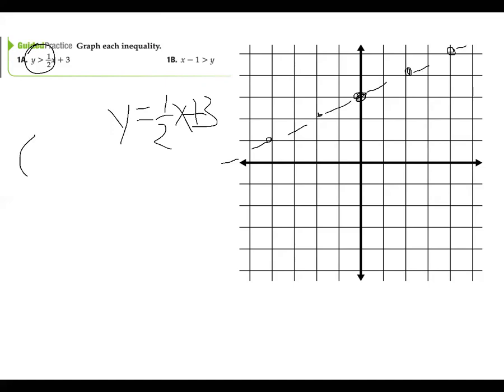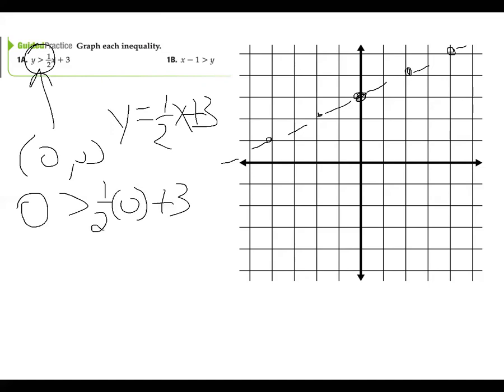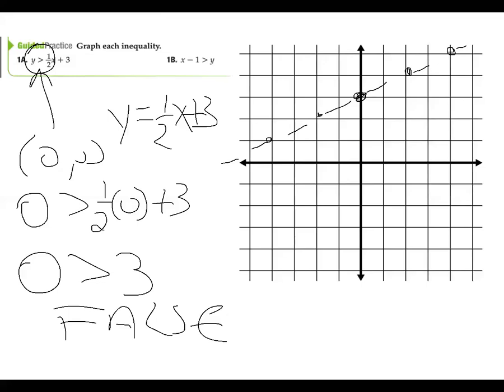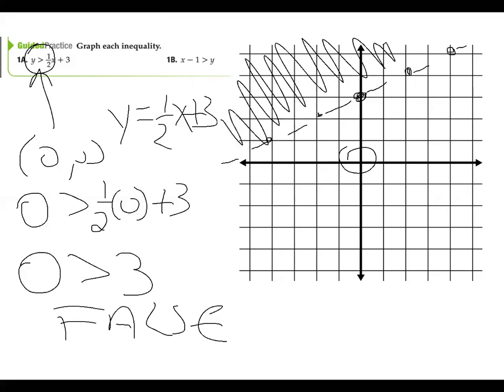Now I'm going to test the point 0, 0 into the original inequality. So 0 is greater than 1/2 times 0 plus 3. So that would simplify to 0 is greater than 3. That's false. So I tested the point at the origin. It did not work, so I shade the other side of the line up there.